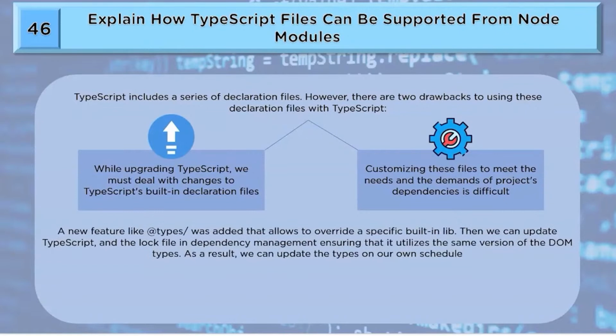A new feature like @types was added that allows us to override a specific built-in library. Then we can update TypeScript and the lock file in dependency management, ensuring that it utilizes the same version of the DOM types. As a result, we can update the types on our own schedule.